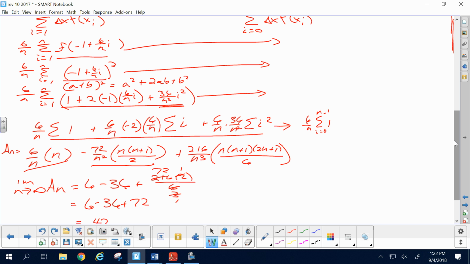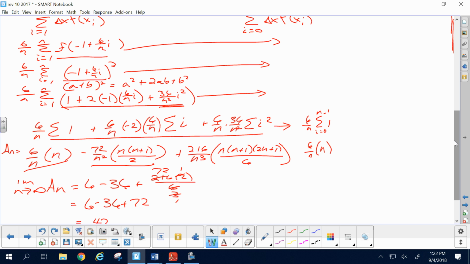N terms, right? Do you agree? If I start at 0 and go through n minus 1 terms, how many terms do I have? Yeah, it's still the same for rectangles. I'm just using the left side instead of the right side. So how many ones do I have? I still have n of them.